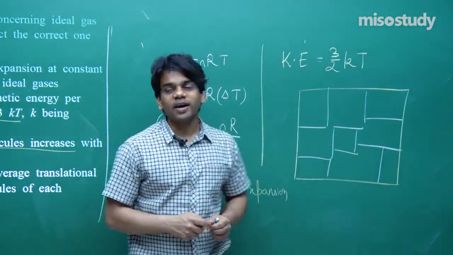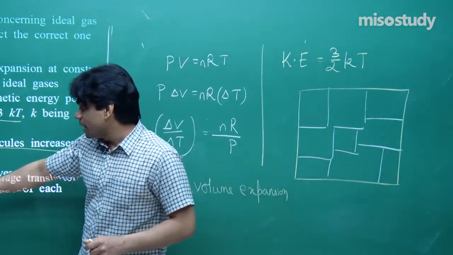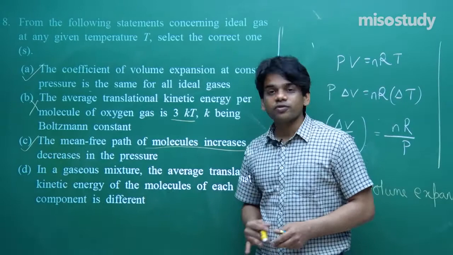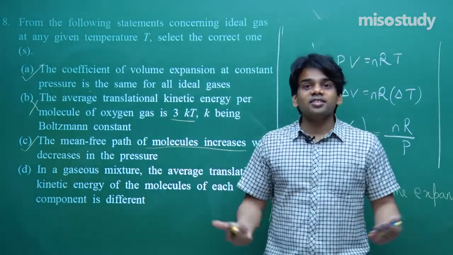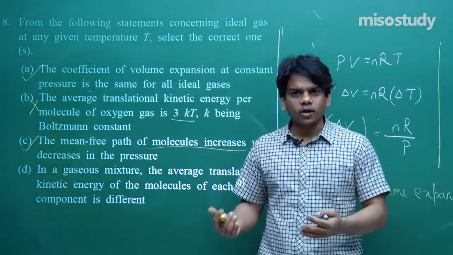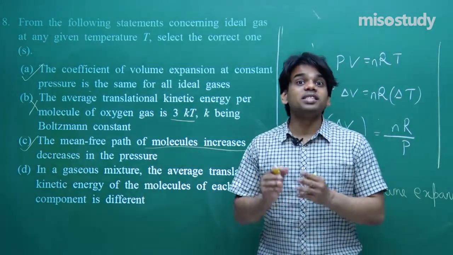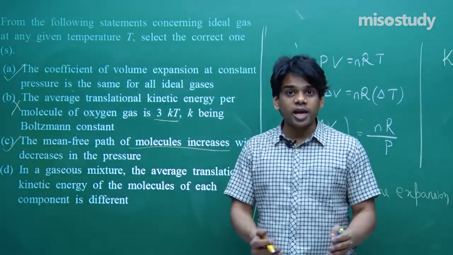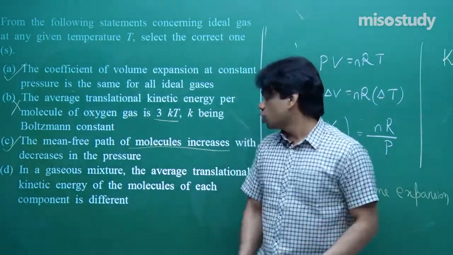The average translational kinetic energy of the molecule of each component depends directly on temperature and the Boltzmann constant, so it remains the same. It won't be different. It's a mixture kept in the same container, so the temperature will be the same. So they will have the same kinetic energy, not different.